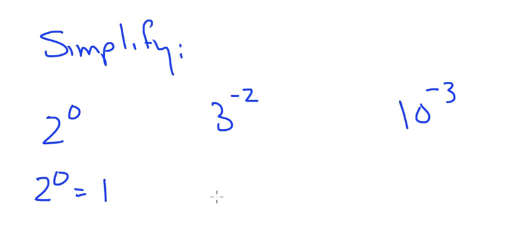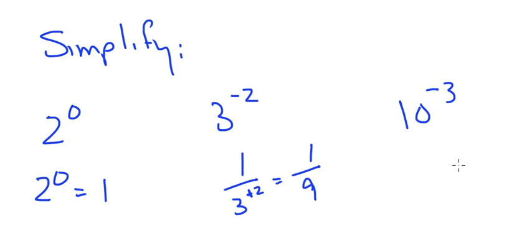3 to the negative 2, remember, is going to be the same thing as 1 over 3 to the positive 2, which is going to become 1 over 9. So 3 to the negative 2 is 1 over 9. Whenever we have a negative exponent, the numerator is going to be 1.